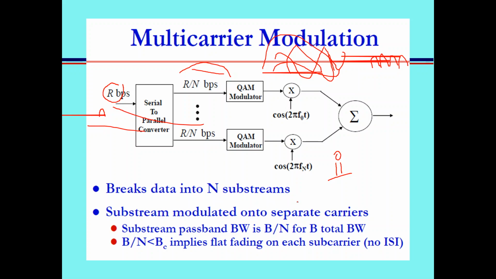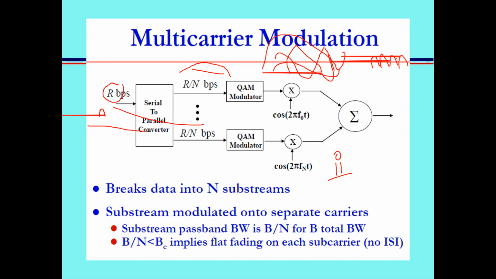As you can see, we are not talking about Doppler. Doppler will create intercarrier interference. Interference not in the time domain, but in the frequency domain. These carriers will start smearing and spreading to the other adjacent subcarriers. This is a very problematic, very disastrous thing to happen in OFDM. If it happens, your system collapses.